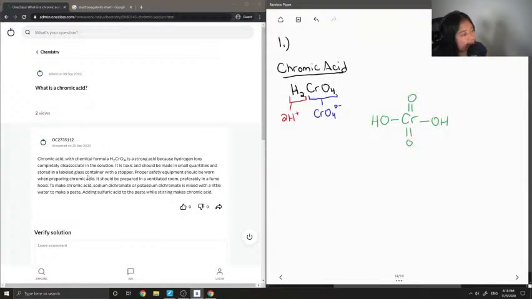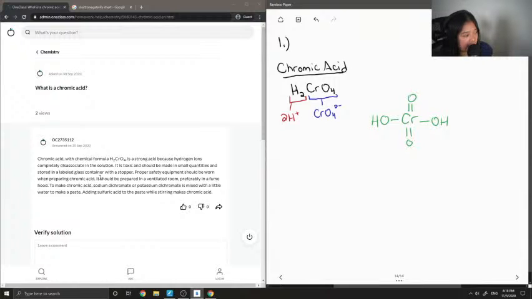So chromic acid with chemical formula H2CrO4 is a strong acid because hydrogen ions completely dissociate in the solution. It is toxic and should be made in small quantities and stored in a labeled glass container with a stopper. Proper safety equipment should be worn when preparing chromic acid.